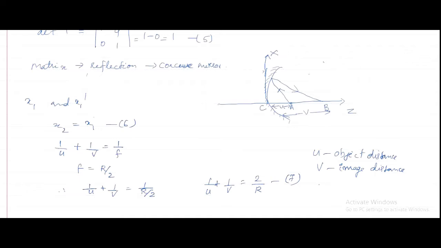And f is the focal length, and for a concave mirror r is positive, and for a convex mirror r is negative. The slope of the ray is always measured with respect to the forward direction of travel.